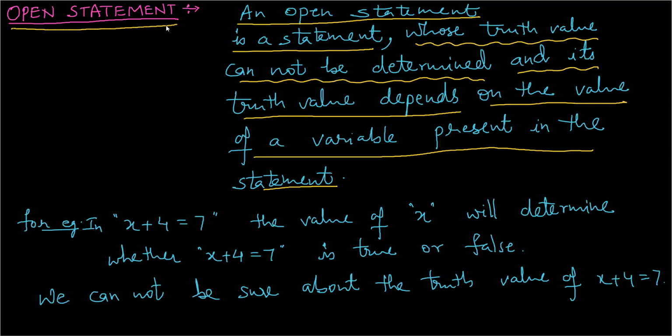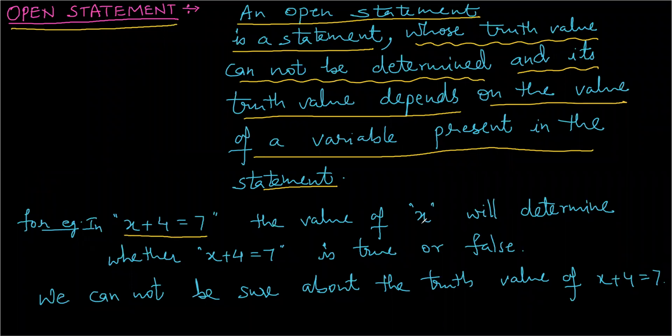For example, here x plus 4 is 7. The value of x will determine whether x plus 4 equals 7 is true or false.